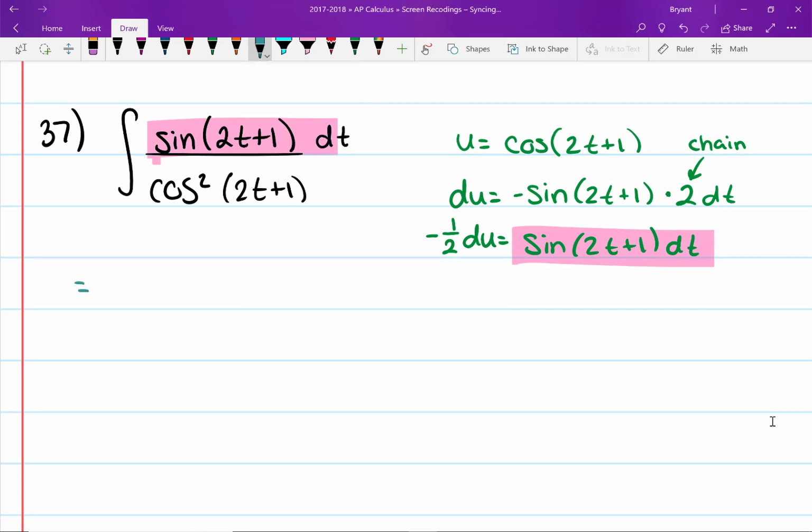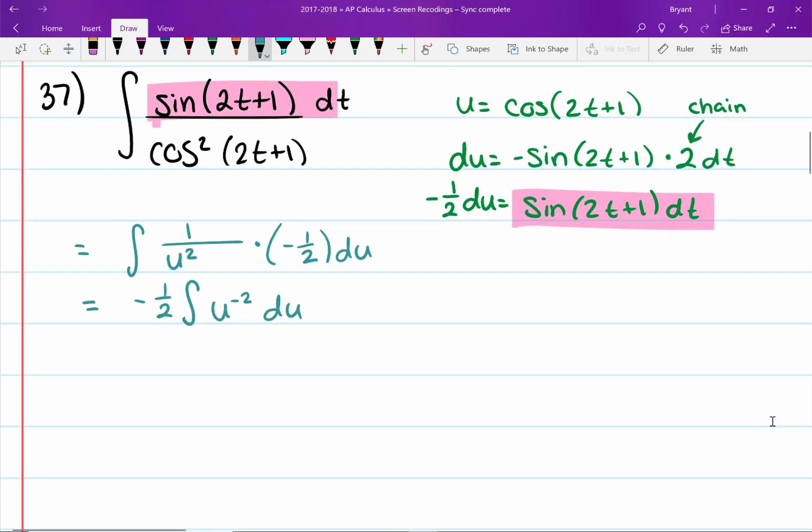And we're going to get that this is the integral of 1 over u squared times negative 1/2 du. So this is equal to negative 1/2 times the integral of u to the negative 2 du.